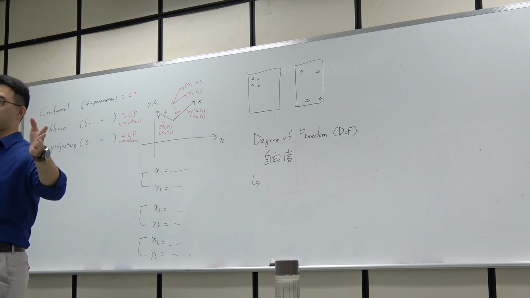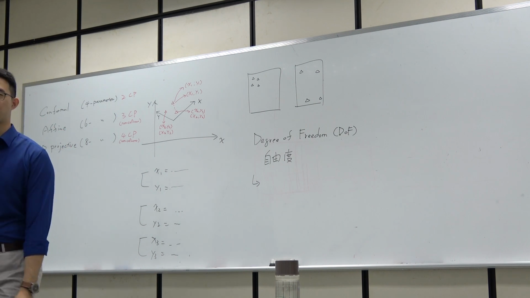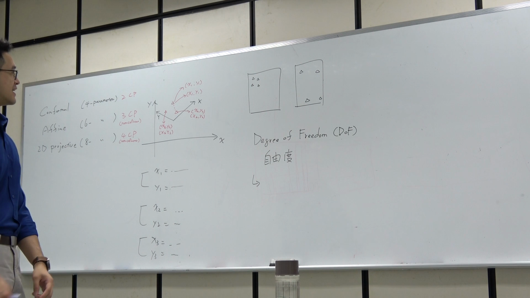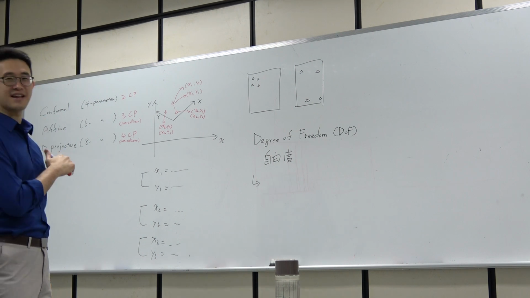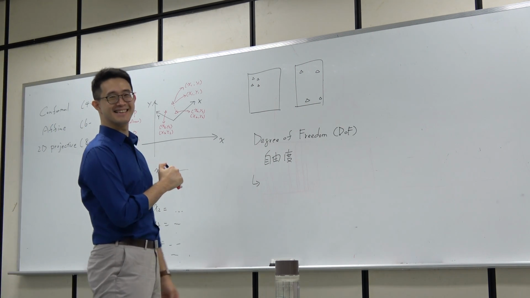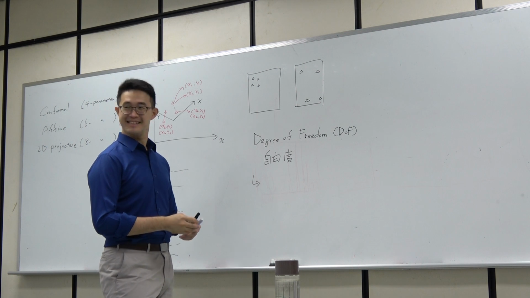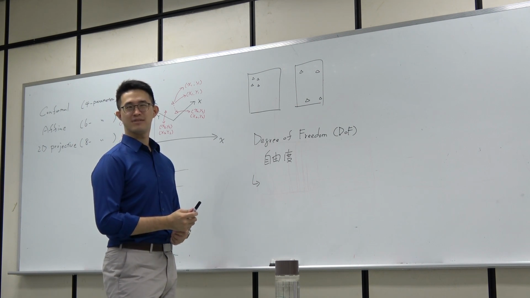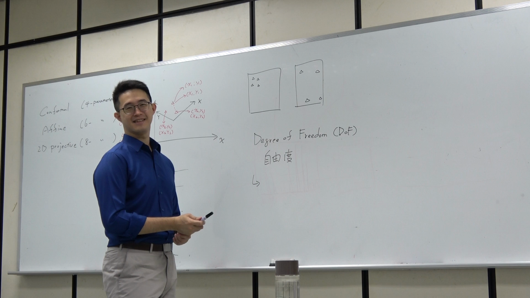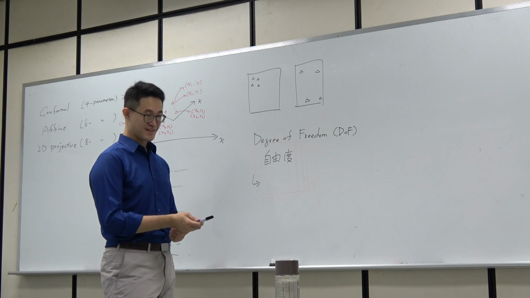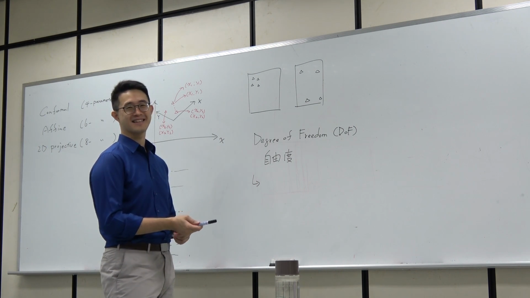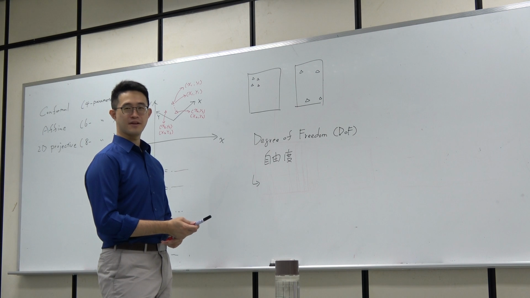We talked about that in the surveying practice course, so you should know it. 自由度, what is that? In photogrammetry, it's the same thing, actually. In photogrammetry and also in surveying and surveying practice, we are talking about the same degree of freedom.